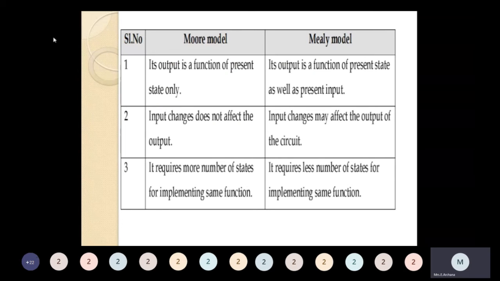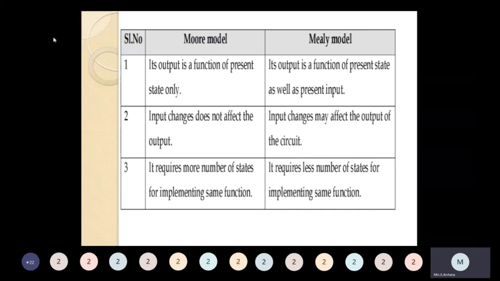This is the difference between the Moore model and Mealy model. The output is a function of present state only in the Moore model. It is a function of present state as well as present input in the Mealy model. Input changes do not affect the output in the Moore model.